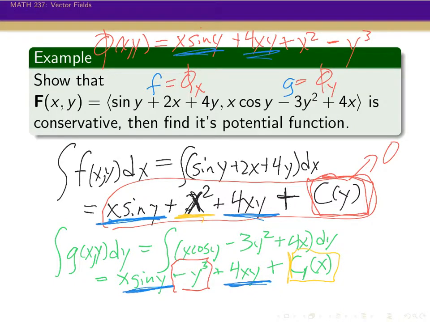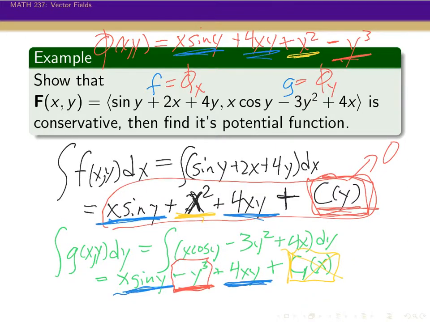These appeared in both of these integrals, both of these antiderivatives. The x squared came from f, and that's covering the c1 of x. The minus y cubed came from the integral of g in terms of y, and that's going to cover my c of y. And so this is going to work for our phi.